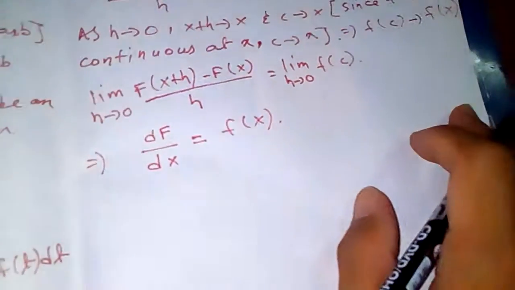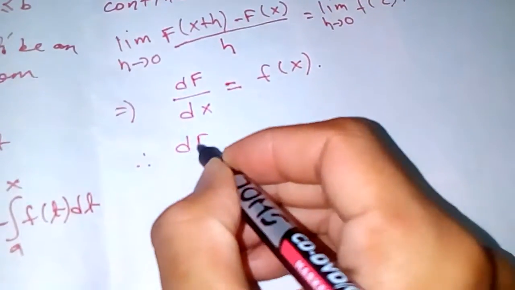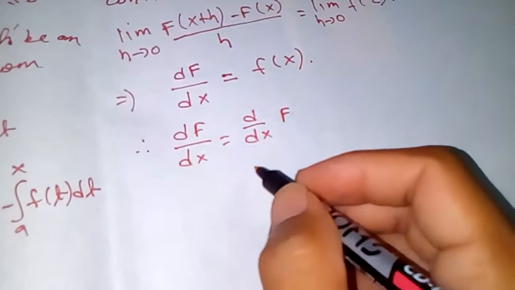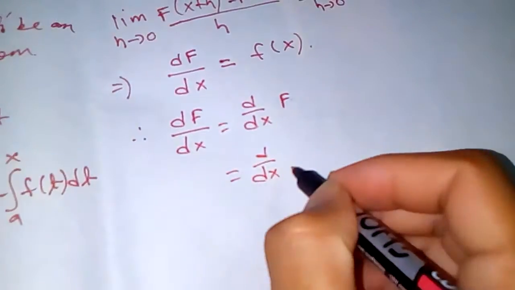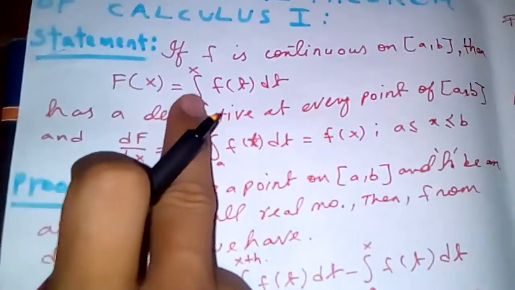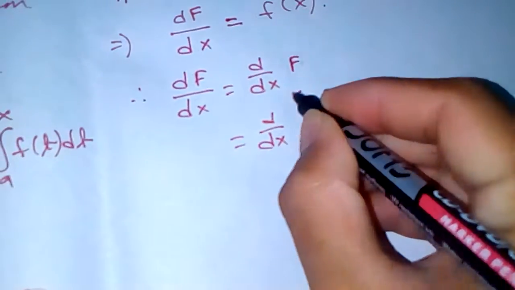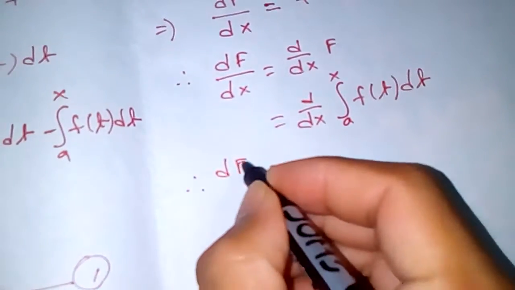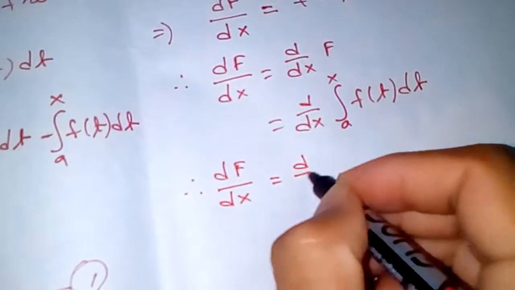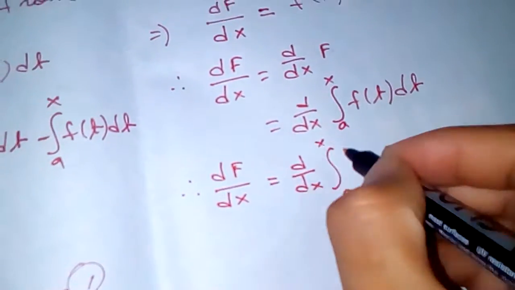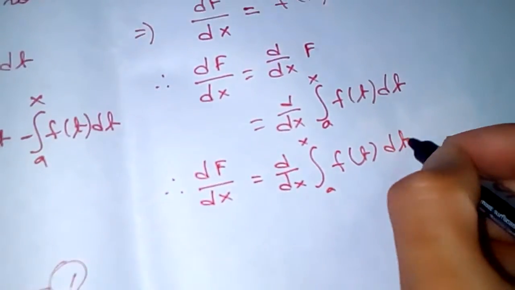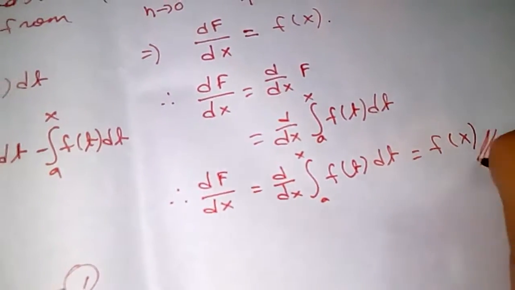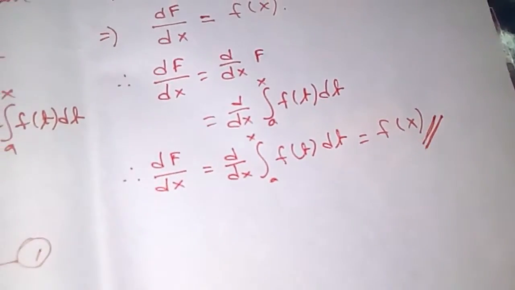So this is our answer, dF by dx. I can write it as d by dx of F, which implies d by dx of F, where our function F is the integral from a to x of f of t dt. So dF by dx is d by dx of the integral from a to x of f of t dt, and this is equal to f of x. So this is our theorem, this is our proof.